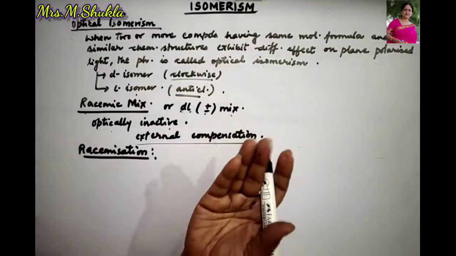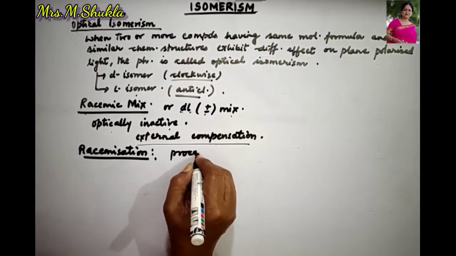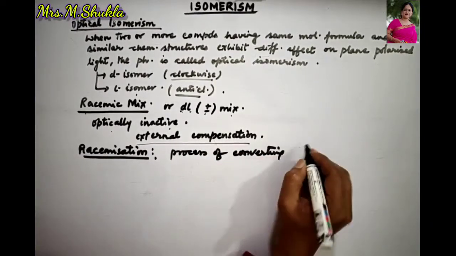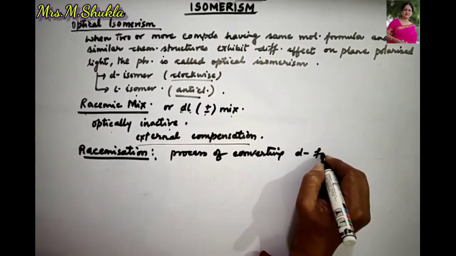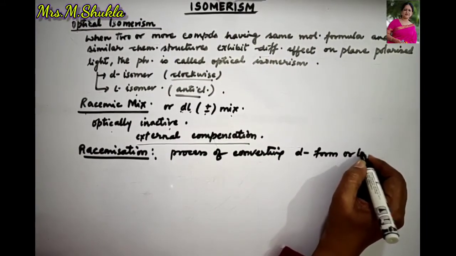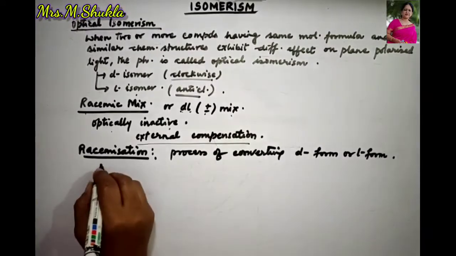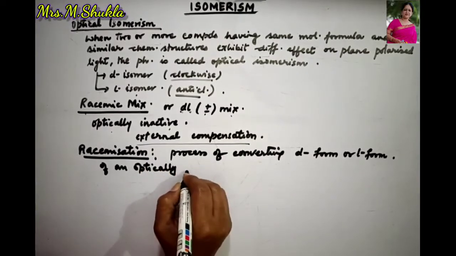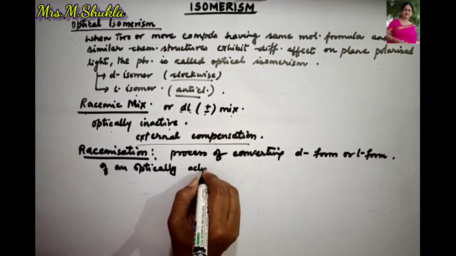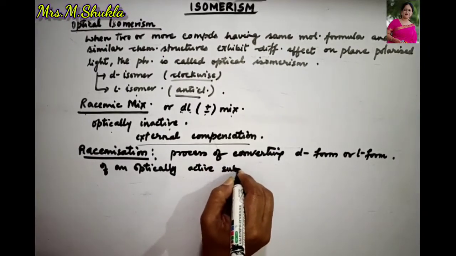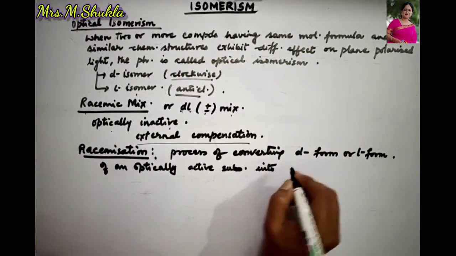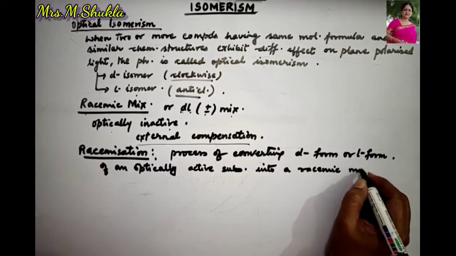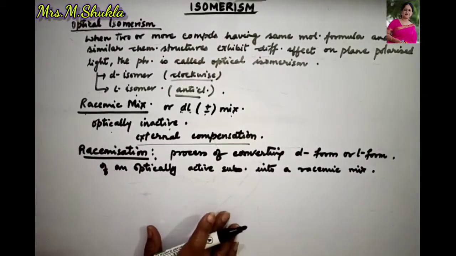The process of converting the D form or L form of an optically active substance into a racemic mixture is called racemization.